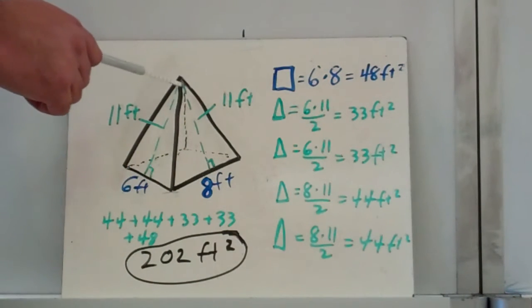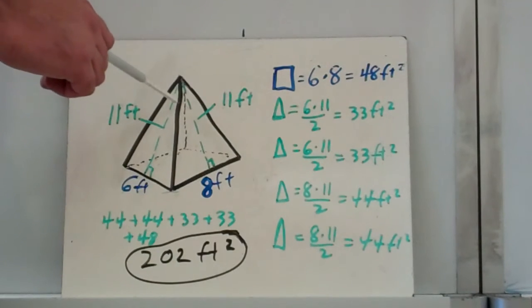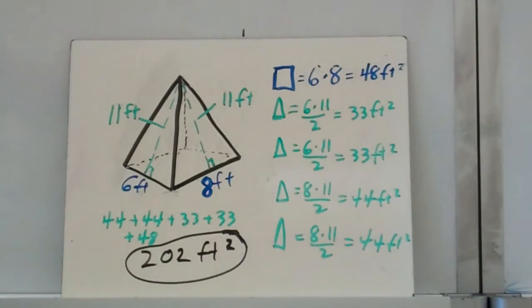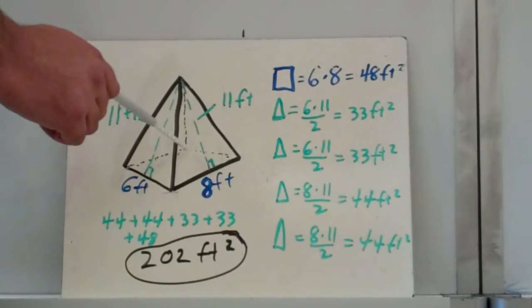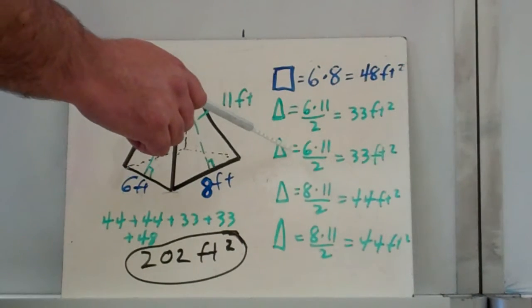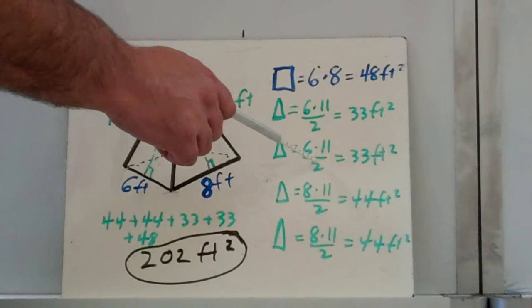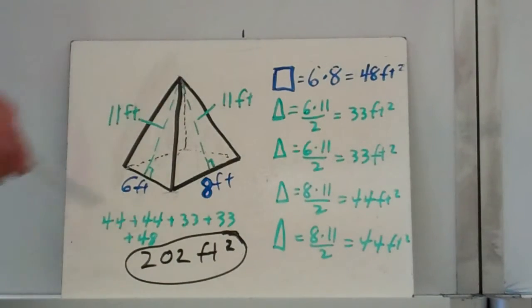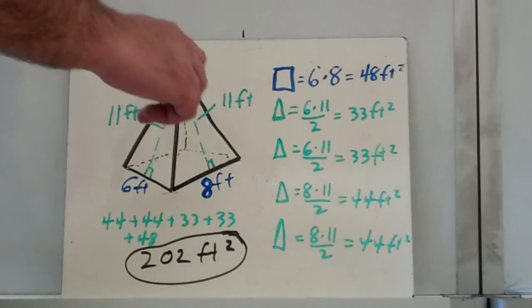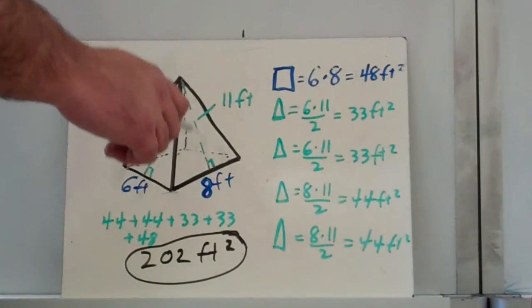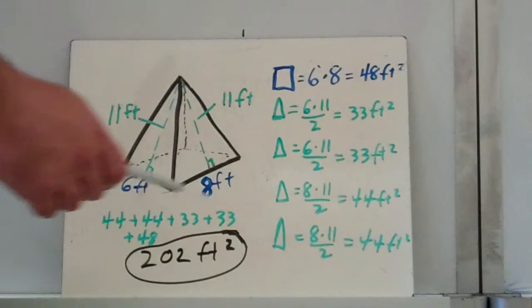Now this face has a partner, which is in back of the pyramid. So that again is another 6 by 11, and then divide that by 2, you get 33 feet squared. And then we look at this triangular face here, which is 8 by 11. 8 times 11 is 88.